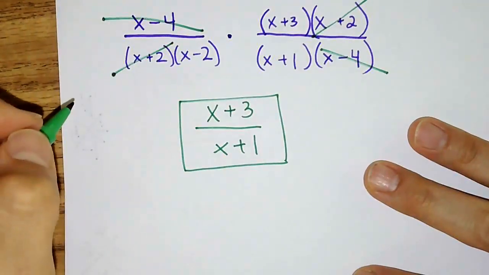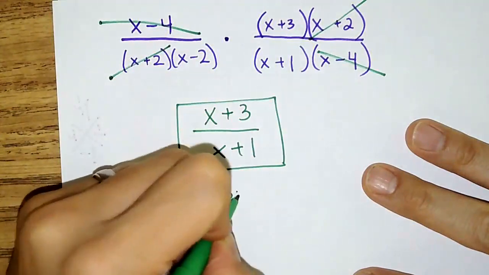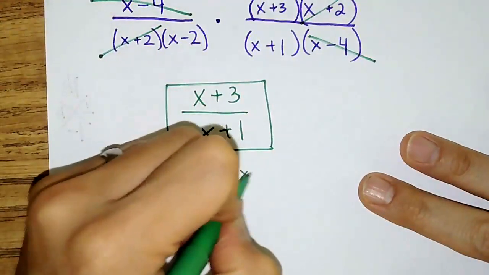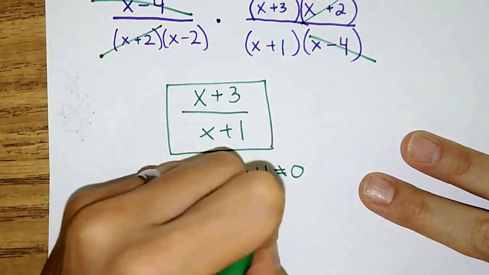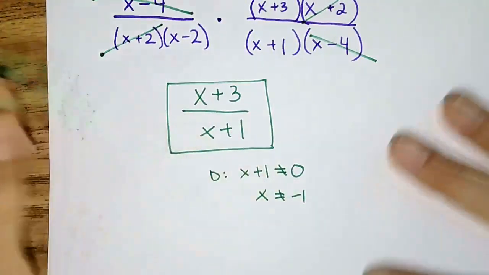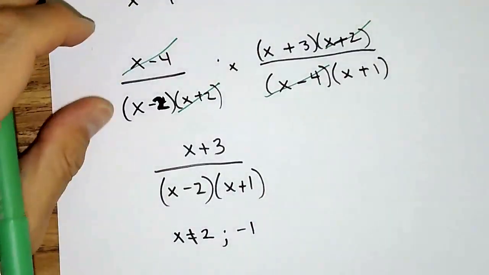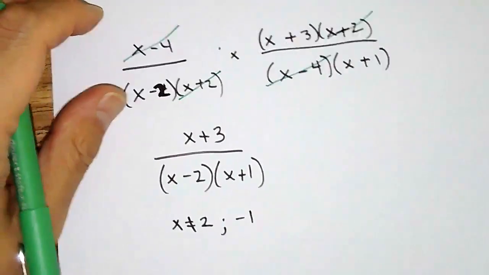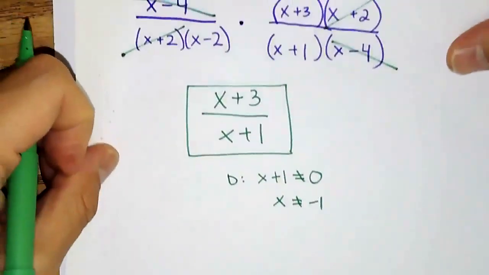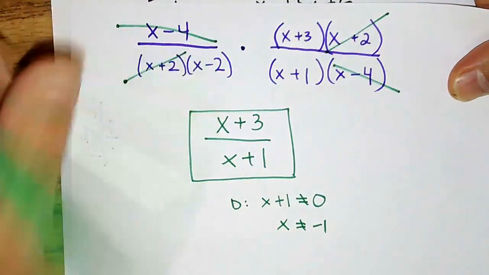Okay? And my domain, just for review: x plus 1 cannot equal 0. So x cannot be -1, subtracting 1 on both sides. Oh, I'm sorry, guys. Here, I forgot about the x minus 2.